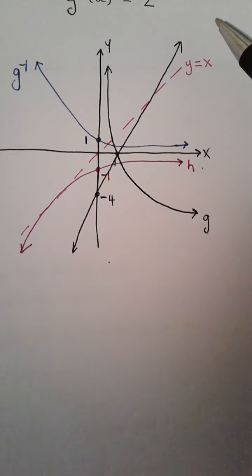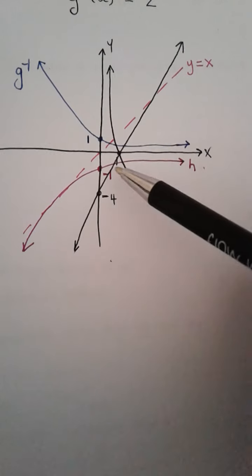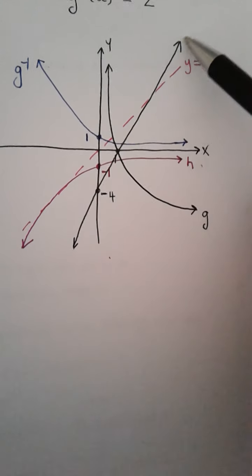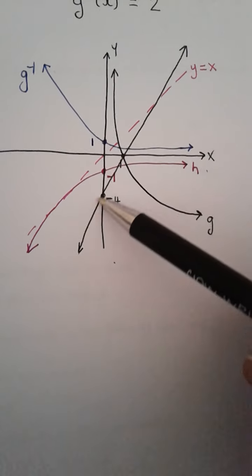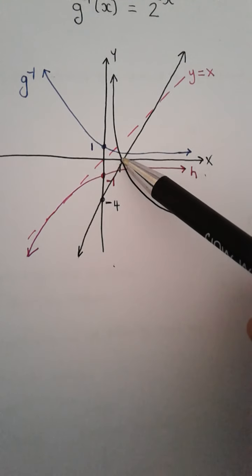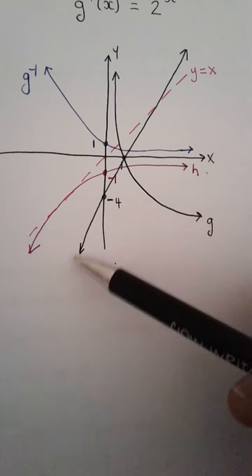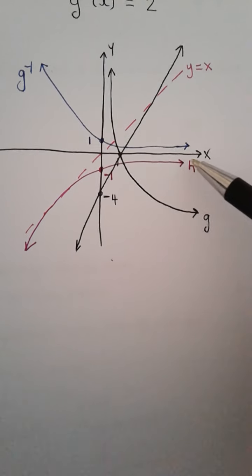The straight line has y values that are all real numbers. It can have positive y values or negative y values. Which means we now need to concentrate below the x-axis, because that's where the graph of h exists.